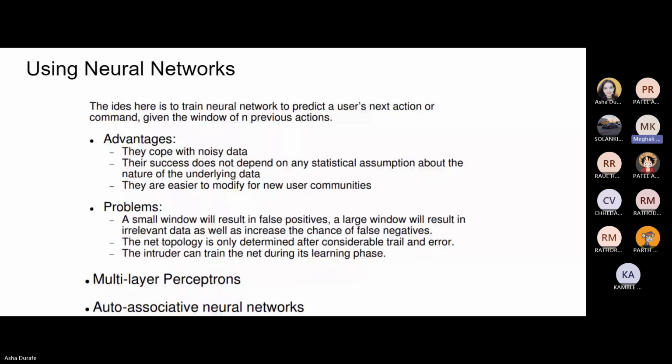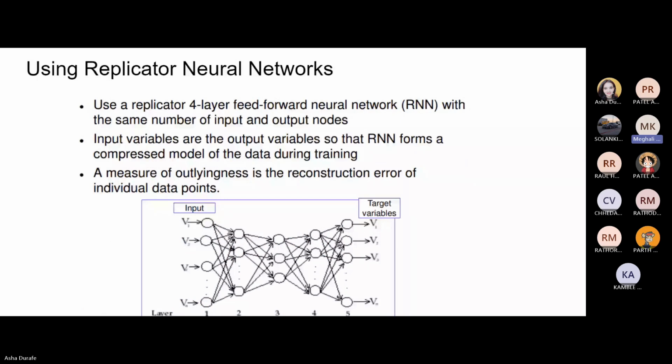So here you can see the RNN, replicator neural network. It is using a replicator 4-layer feed-forward neural network. See how many layers are there. When you are using an RNN, a neural network for anomaly detection, what all things do you have to understand?